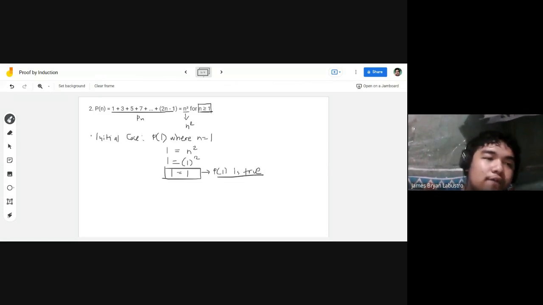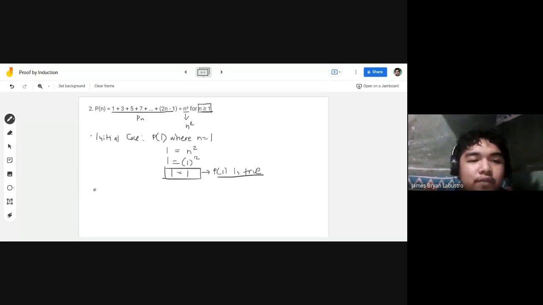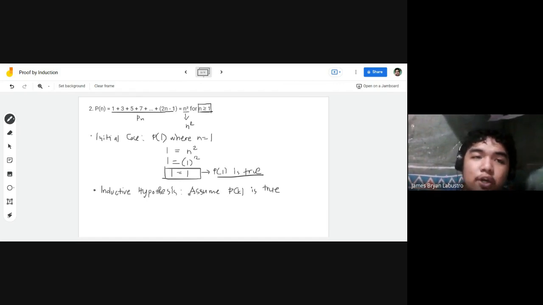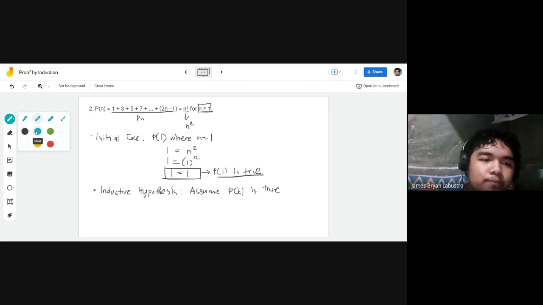So therefore, after the P of 1, we have the assumption that n is equal to k. We have the inductive hypothesis. So, ganyan lang ka-easy. Okay, inductive hypothesis, they assume P of k is true. So our assumption here is we're going to assume that P of k is true. So, diretso na tayo.